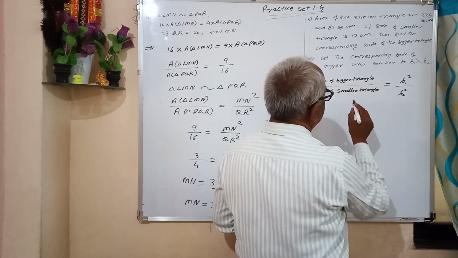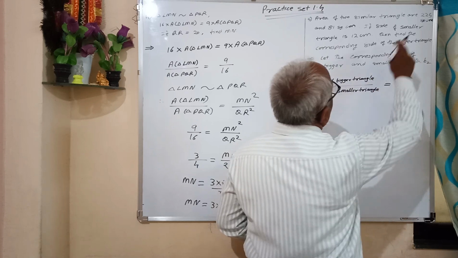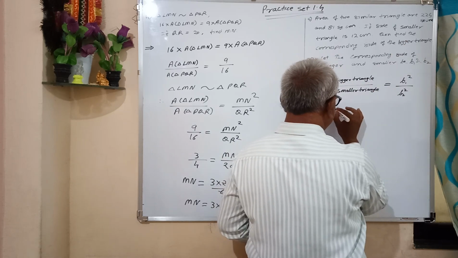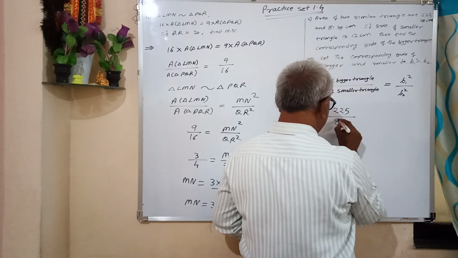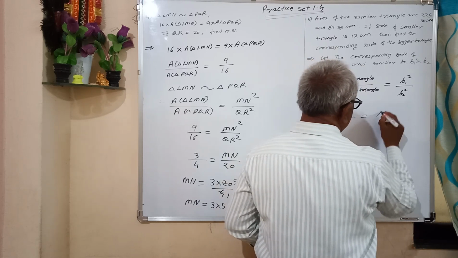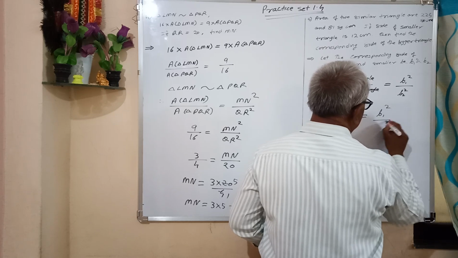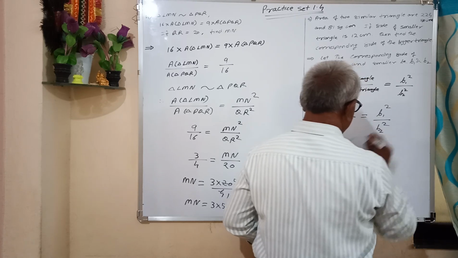Now here area of bigger triangle is given 225, area of smaller triangle is given 81, which is equal to B1 square upon B2 square.